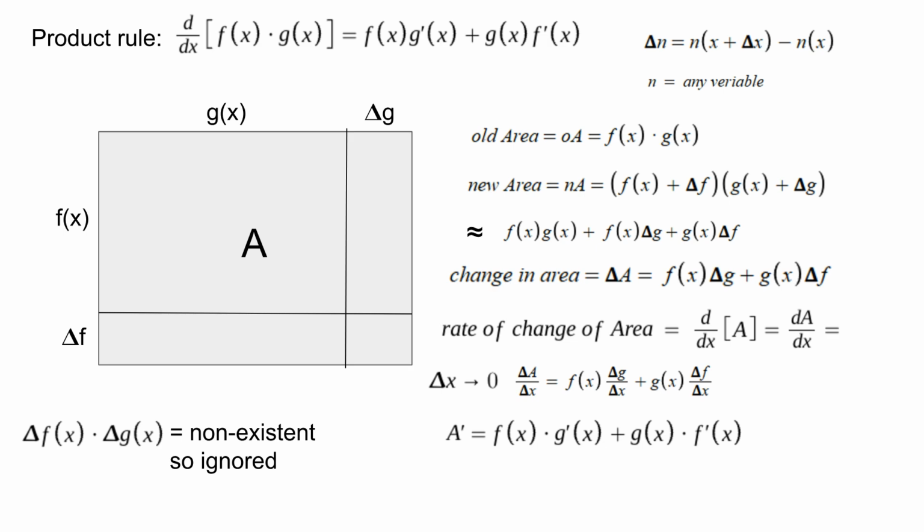It is equal to that function of x plus change in x, take away that function again of x. N can be any variable. And in this example, the change in x has replaced h that we saw in the last example. So dividing the change in function by change in x and setting it to 0 will give the function prime, which also just equals the derivative of that function.